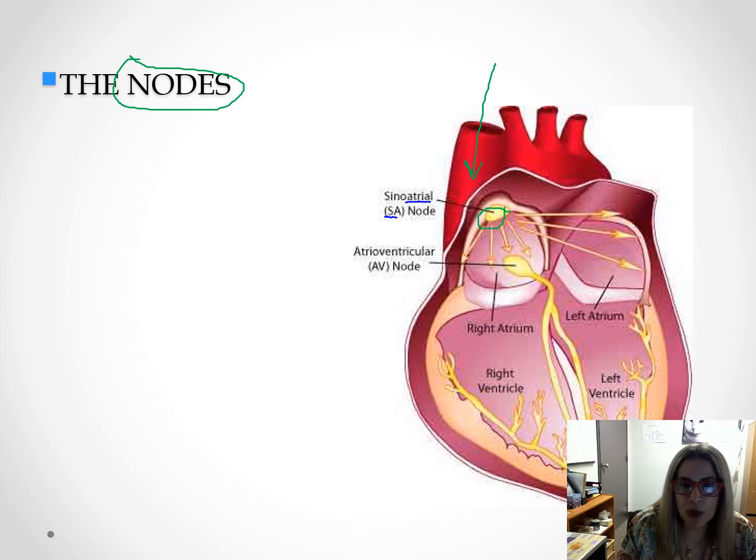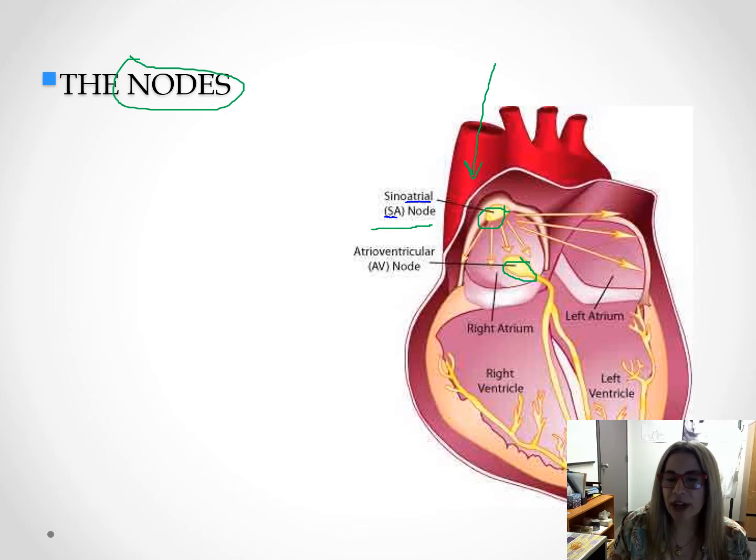We have two nodes in our right atrium, our top chamber on the right side of the heart. The first one is the sinoatrial node, also known as the SA node. And then the second one is the atrioventricular node, or the AV node, okay?